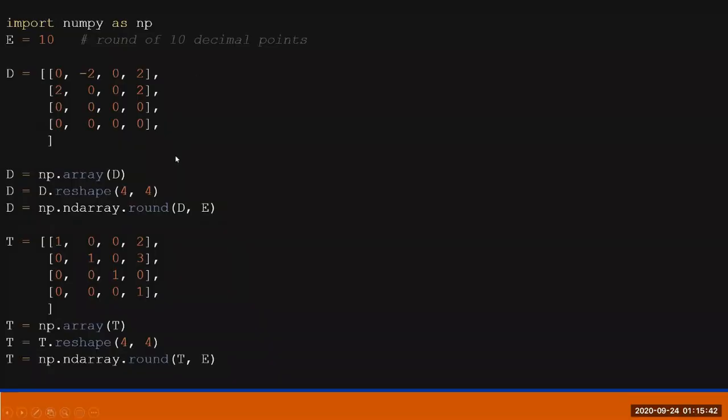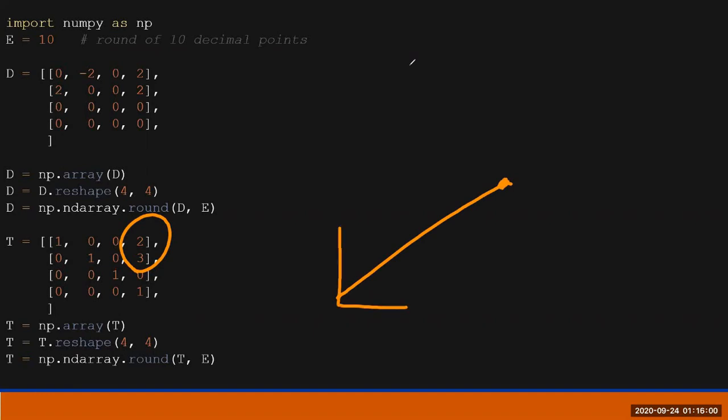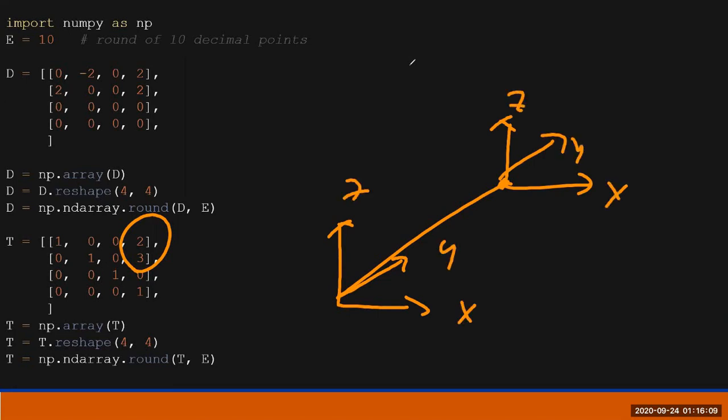So here you can see that D we write down like this, and T we write down like this. One thing to take note of is that 2, 3 is the coordinate of the frame. The orientation is the same, so you get the identity matrix.